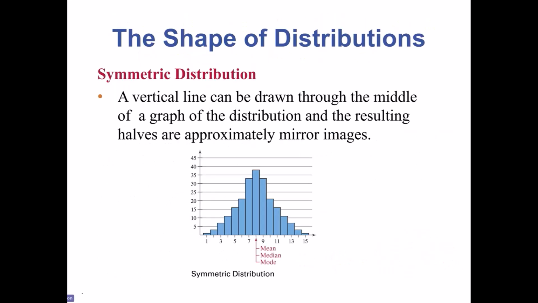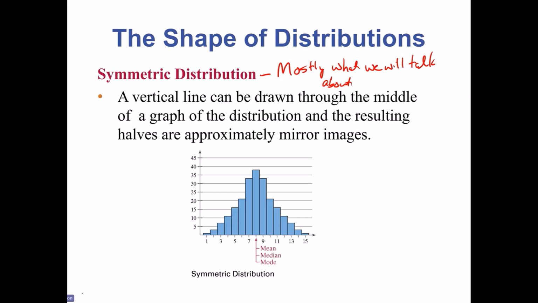Something we're going to get off of this is the shape of our distributions, right? So if we have symmetric distributions, and this is what most distributions we're going to talk about in this class are going to have, because most things in the real world take on a symmetric distribution or something close enough.